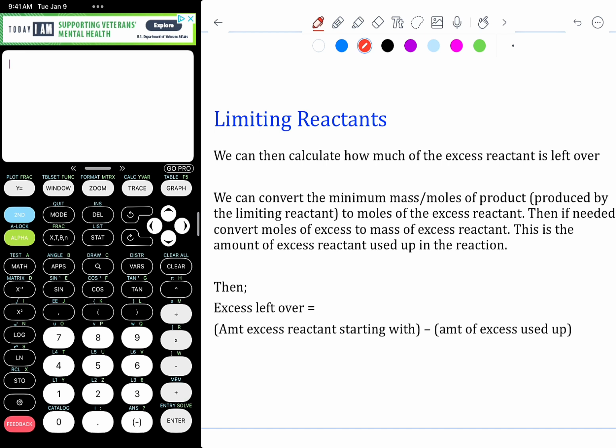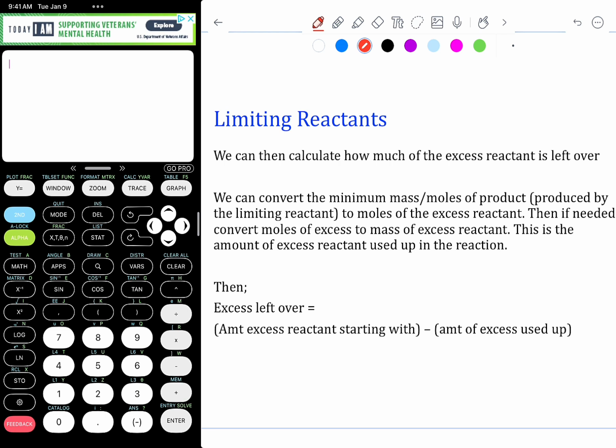We started with 10 of them, but my buns limited the number that I could use, so I only ended up using 8 of those hot dogs because I only had 8 buns. So I only used up a partial amount of those hot dogs. So if we take the difference between those numbers, we know that we have 2 hot dogs left over.